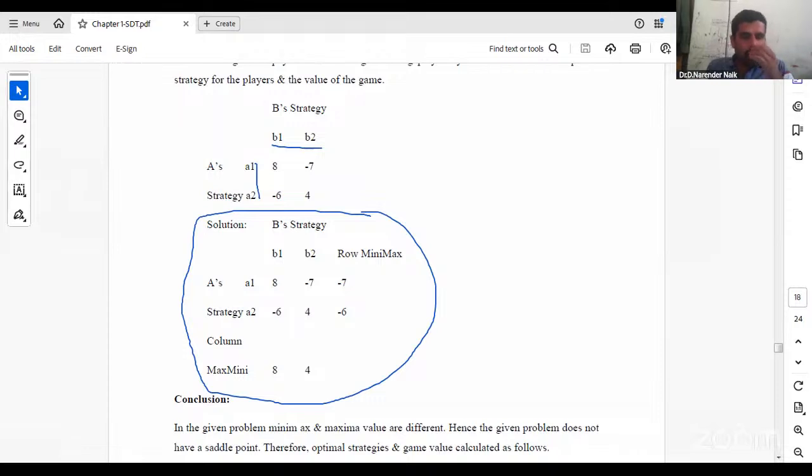B1, B2, A1, A2: 8, minus 7, minus 6, then 4.